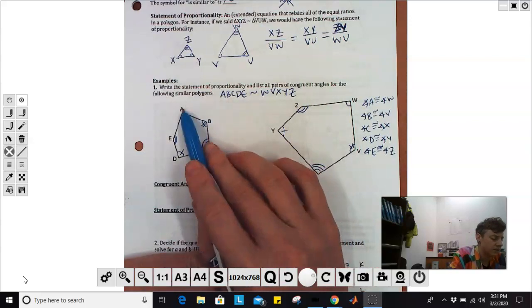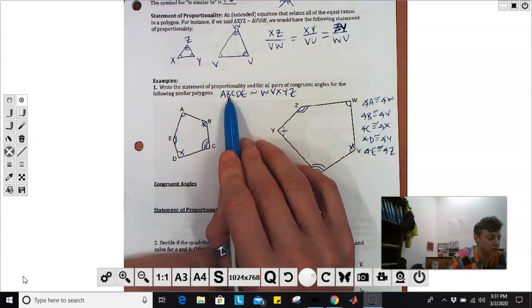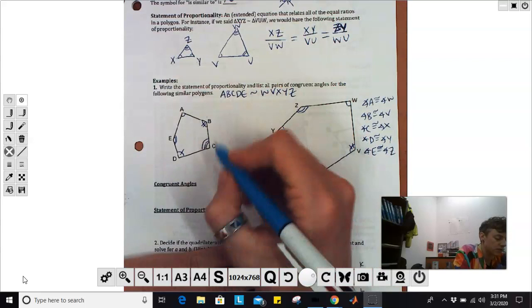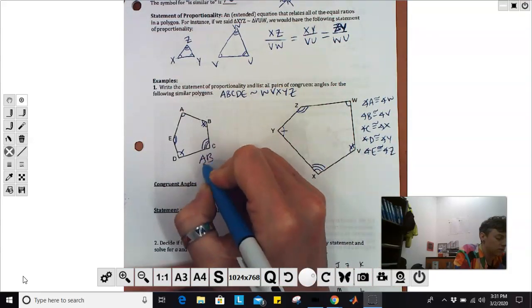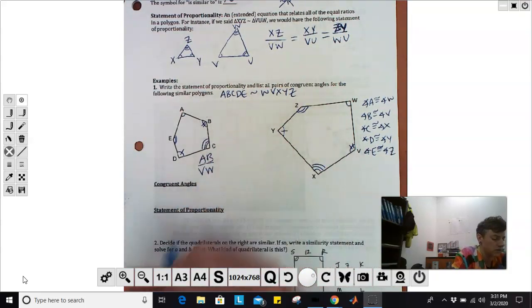So side AB is going to be proportional to WV. So we'll do AB over WV. I wrote those backwards, but it's the same thing.